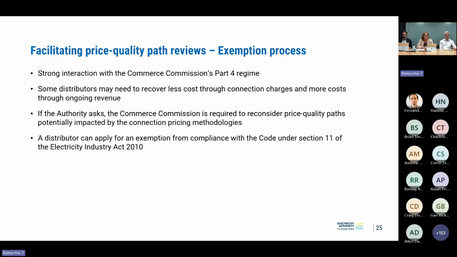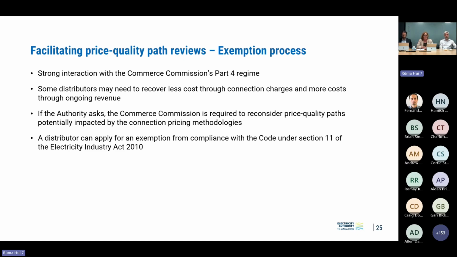Facilitating the exemption process. The proposed capital contribution reliance limits methodology may prevent some distributors from proceeding with increasing the proportion of capital expenditure that is funded by upfront charges. For non-exempt EDBs, the DPP will reset based on forecasts made prior to the proposal to introduce pricing methodologies for connection pricing.